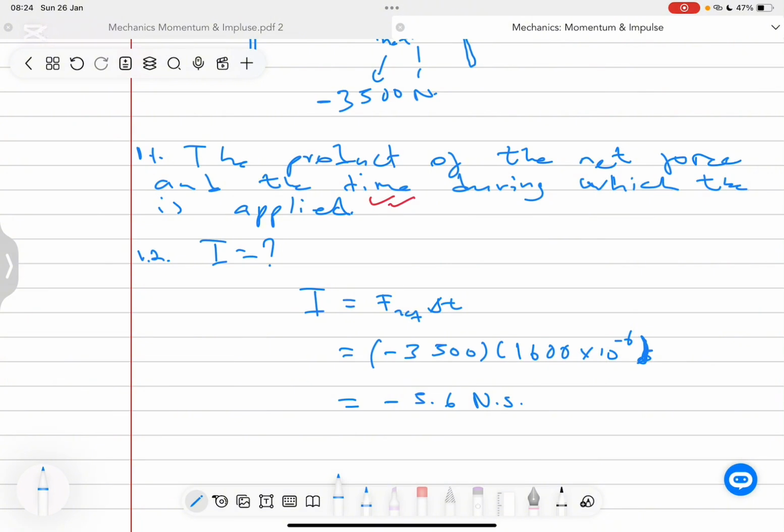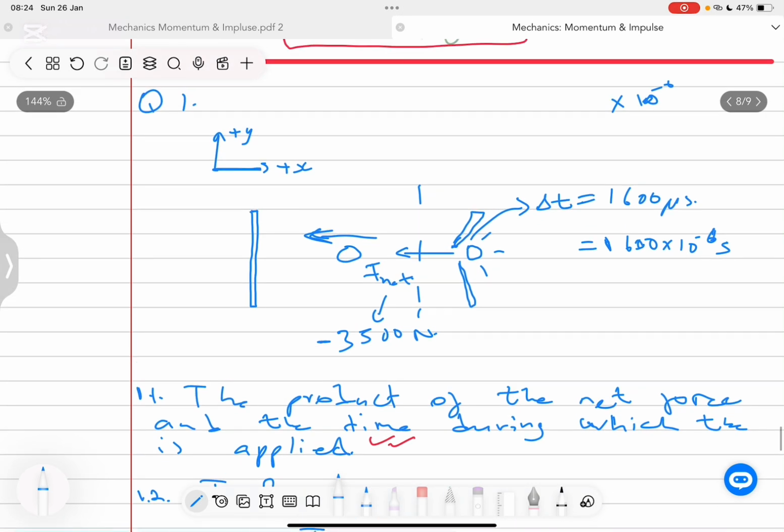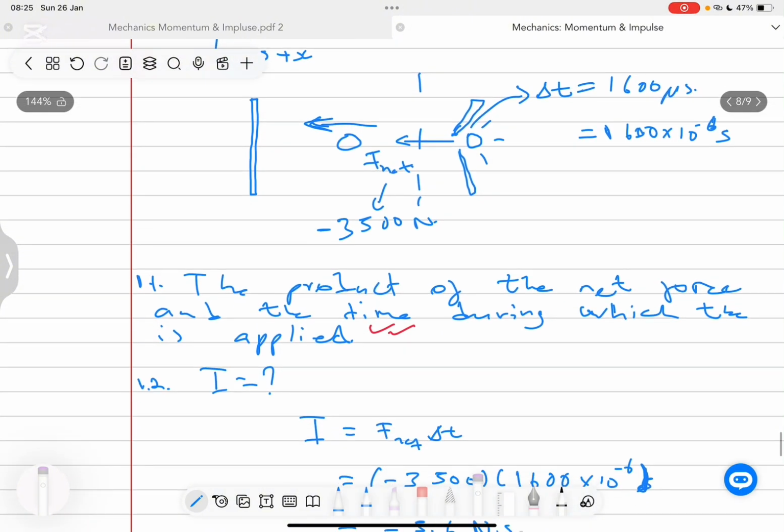Remember, our SI unit for impulse is Newton second. Now, this answer is negative, so that means it is giving us an impulse that is going to the left. Because remember, we chose our right as positive, meaning anything that will go to the left will be negative.